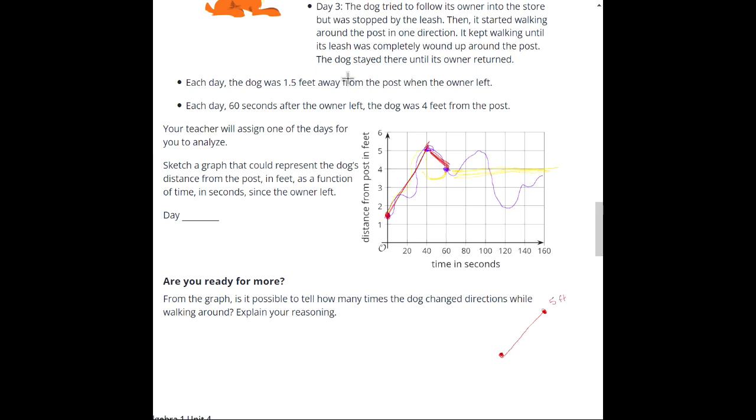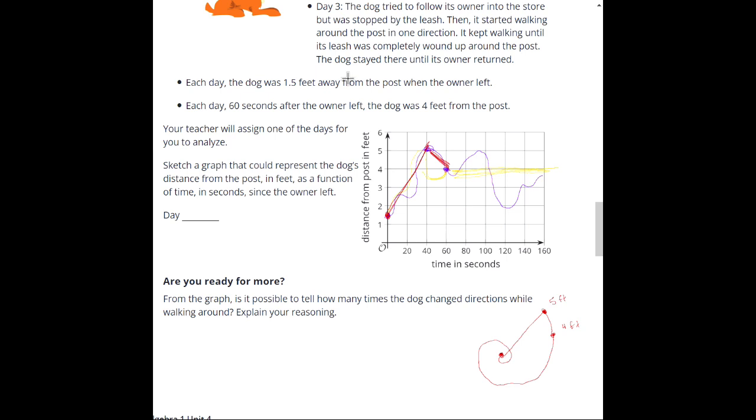Then it's going to keep walking, and let's say this right here is our 60 seconds, and so that's going to be 4 feet. Now the dog is going to keep walking around that post, right? And that leash is getting tighter and tighter and tighter until the dog can't move.